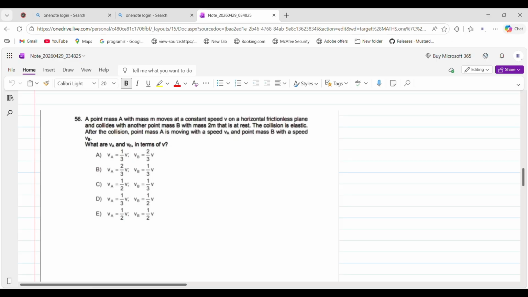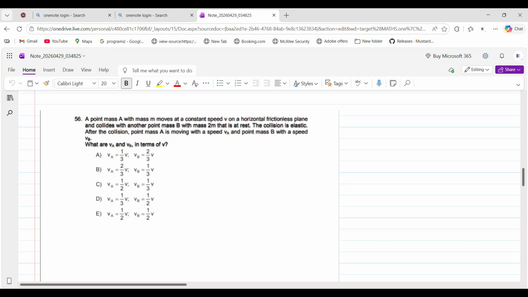So now we are solving physics MCQs from the IMAT past paper 2023, and our very first question is: a point mass A with mass m moves at a constant speed given by v on a horizontal frictionless plane and collides with another body B with mass 2m that is at rest.